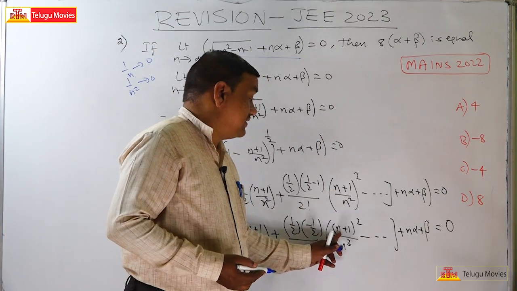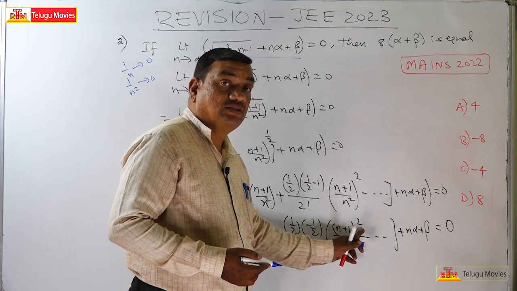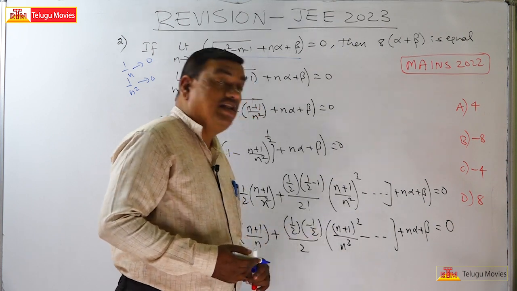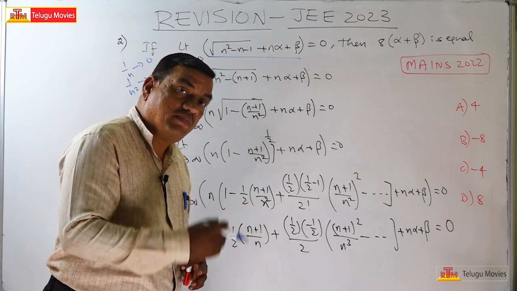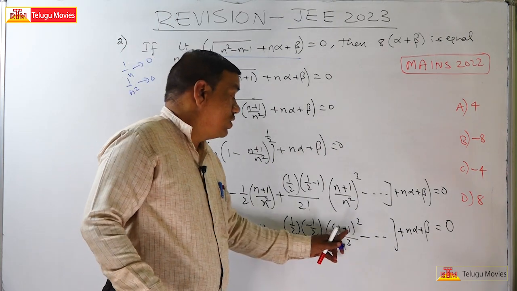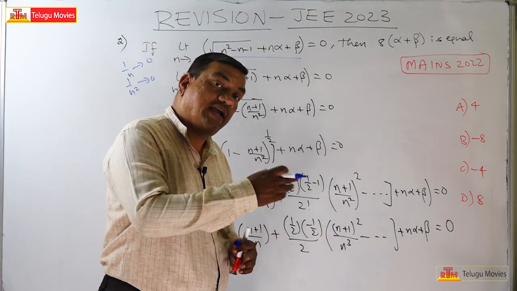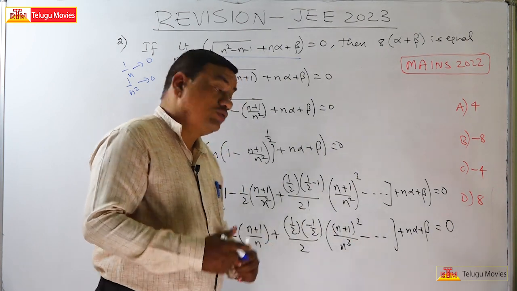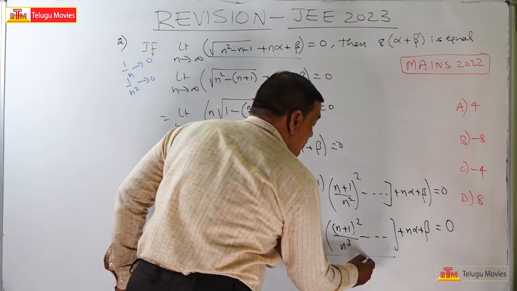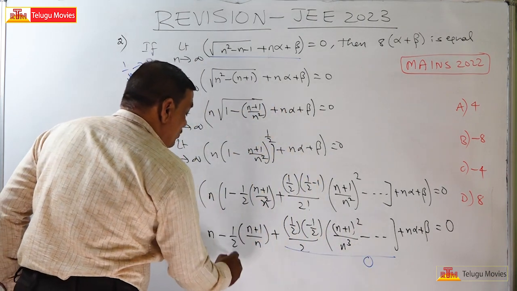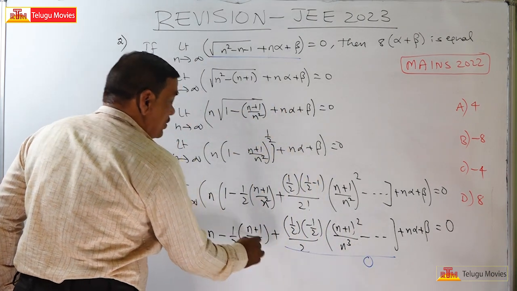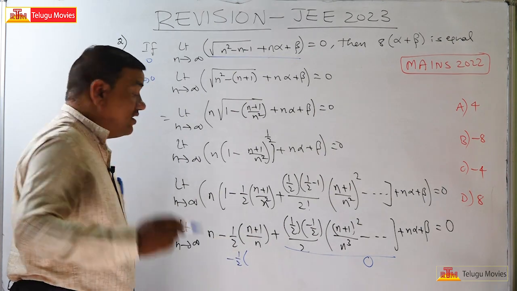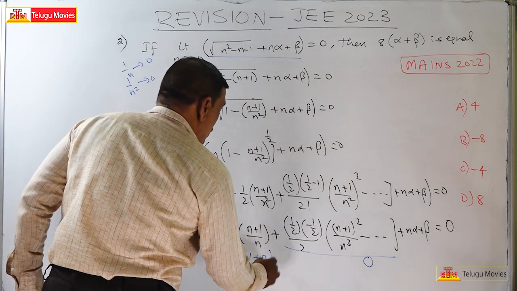If you expand this, n square plus 2n plus 1, n square by n cube, that is 1 by n, 0. 2n by n cube, again denominator n square will become 0. 1 by n cube, so total this quantity will become 0. Here you will get minus 1 by 2 into n by n, value 1 plus 0 you will get.